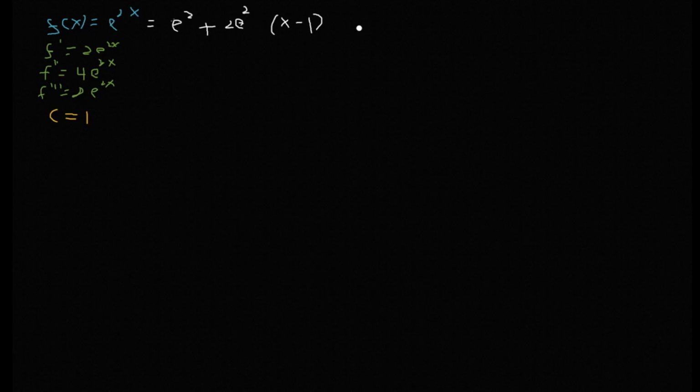This is just 2e to the 2 plus 4e to the 2, because c is 1, times x minus 1 squared, plus 8e squared times x minus 1 cubed. No, not to the 8th power, cubed.